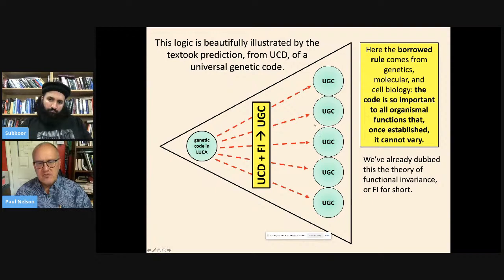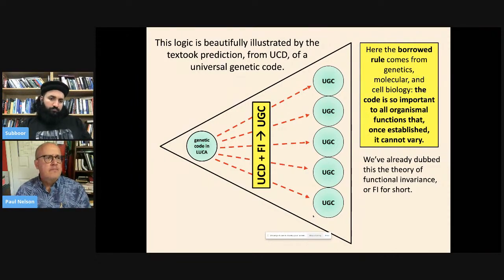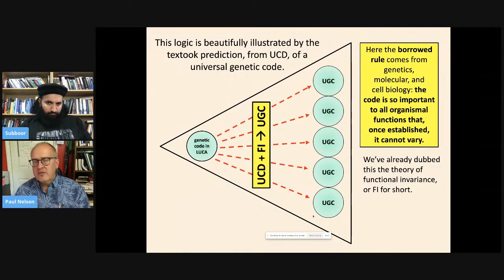No matter what species we examine, we should see the same code. So this prediction, you can find, if you find a biology textbook from, let's say, 1985 or from the late 70s, flip to the section that discusses how we know that universal common descent is true, and you'll see this prediction there.